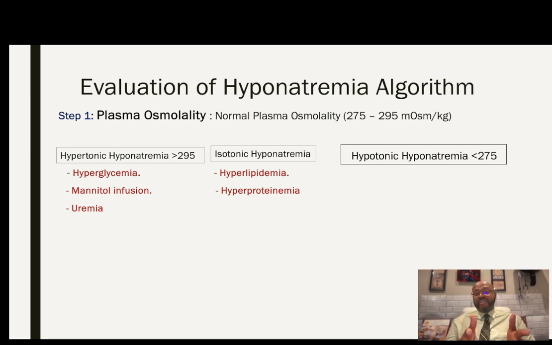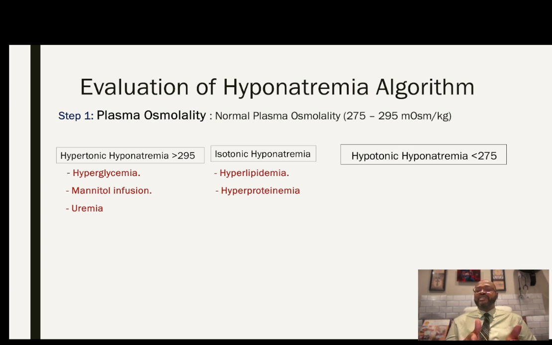Of course, the isotonic ones, you're thinking hyperlipidemia, hyperproteinemia, and the easy way to explain that in lay terms would be, if the sodium is low, how come the osmolarity is normal? Since, of course, sodium is the biggest contribution to osmolarity. So if the sodium is low, why is the osmolarity normal? It just means that there is something else in the system that doesn't contribute to osmolarity, but is making the sodium look low.